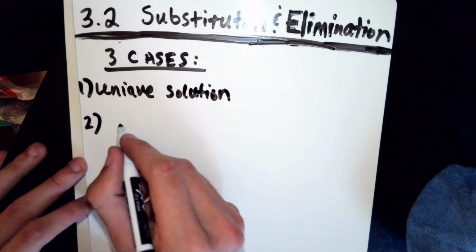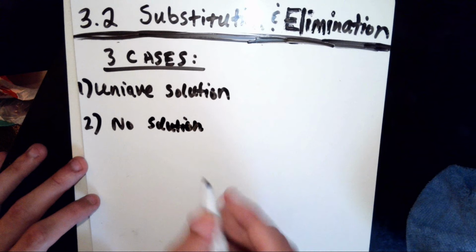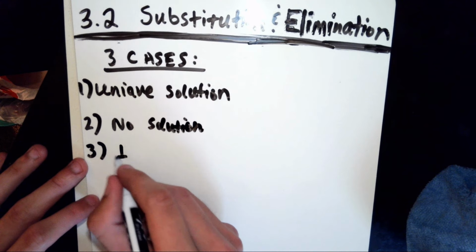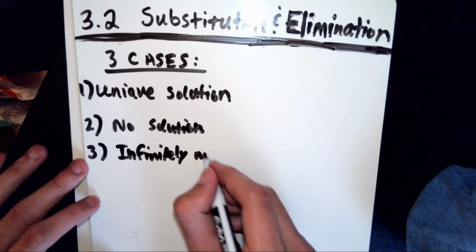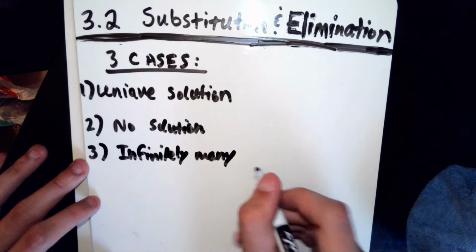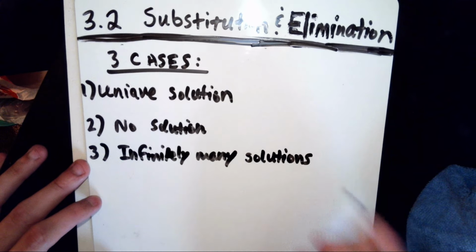And there's sometimes no solution to a system. Or lastly, there are infinitely many. This means there is an infinite number of solutions to the system of equations.